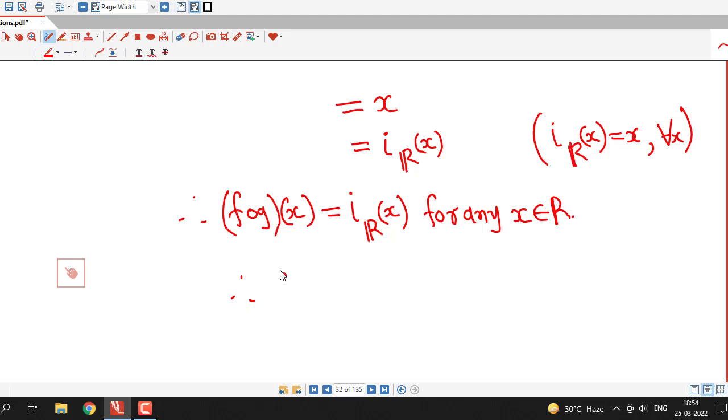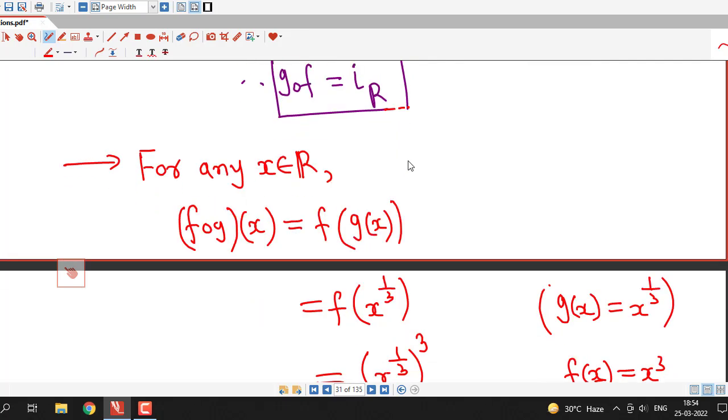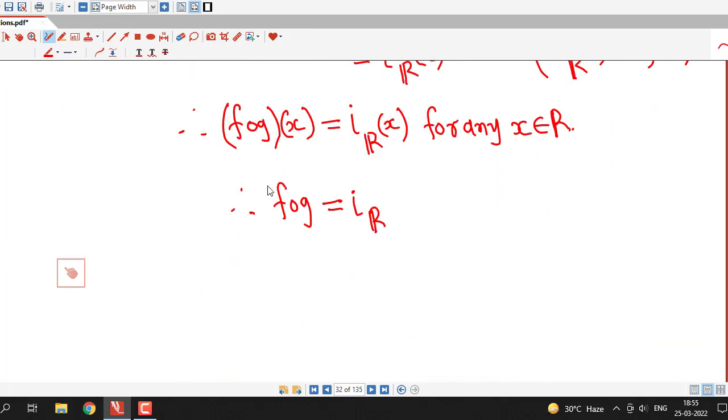Therefore fog equals the identity function on the set of real numbers. So both the conditions are satisfied: gof is the identity function, and fog is also the identity function. So we can combine both conditions.